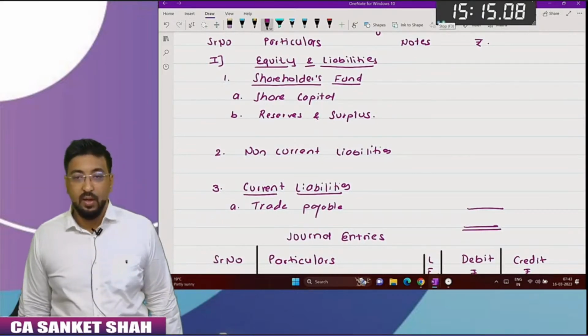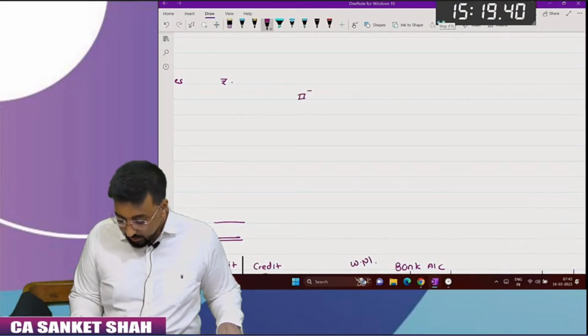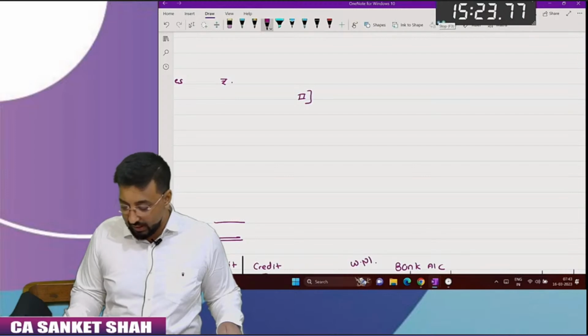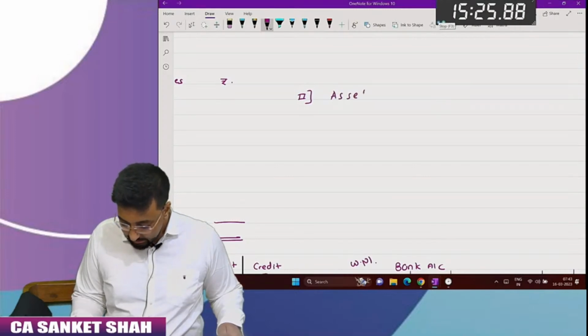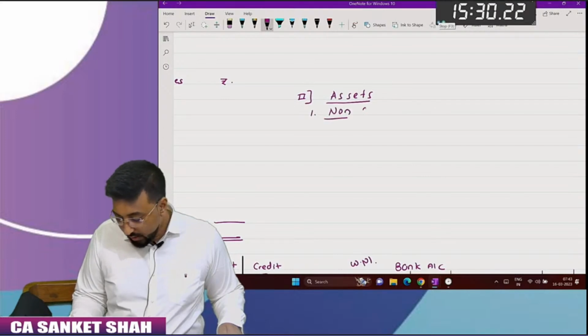Trade payable. Then below that, you will write, I do not have space over there, so I'm writing on the right side. Assets. One, non-current assets.